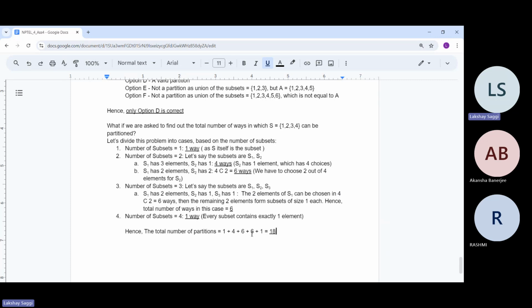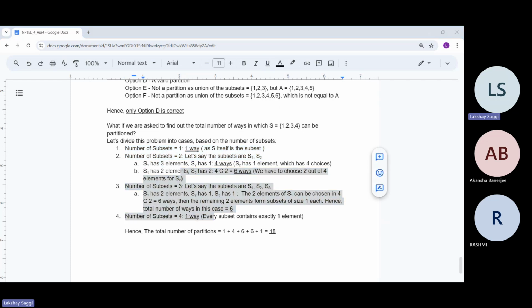An important thing to note here is that this was one way of counting, but it was a bit involved, right? Similarly, if you had 1, 2, 3, 4, 5, it would have been a lot more cases.